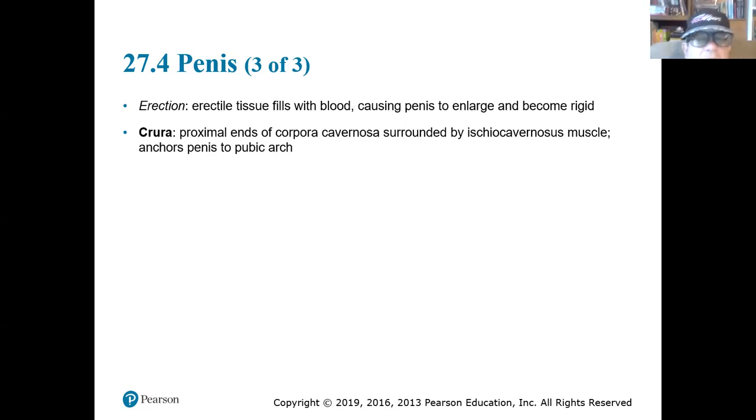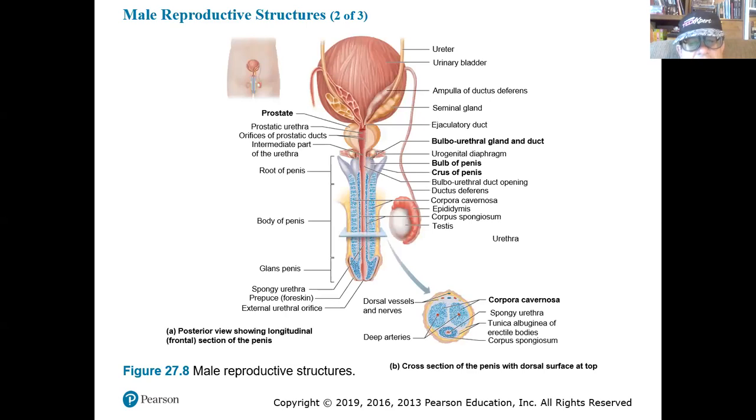All right, so an erection is when this erectile tissue, these three spongy bodies, fill with blood, causing the penis to get bigger, get more rigid. The crura, that's the body end, the proximal end of the corpus cavernosa, is surrounded by the ischiocavernosus muscle. This anchors the penis to the pubis, to the pubic arch.